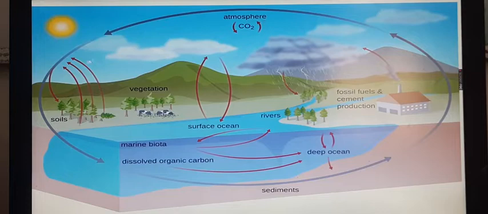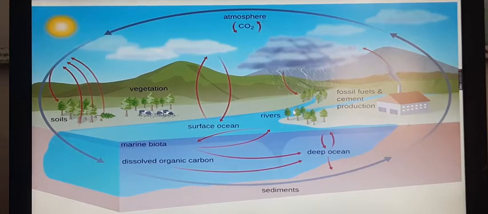Carbon dioxide is used by green plants to prepare their own food by the process of photosynthesis. Carbon dioxide is also present in the ocean water, so this is also used by the oceanic organisms. Then fossil fuels also contain carbon.